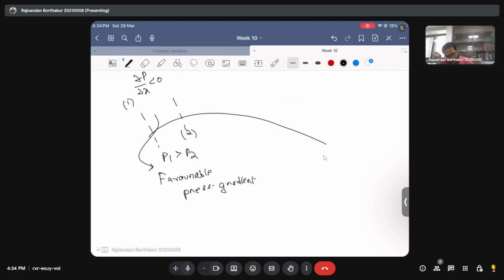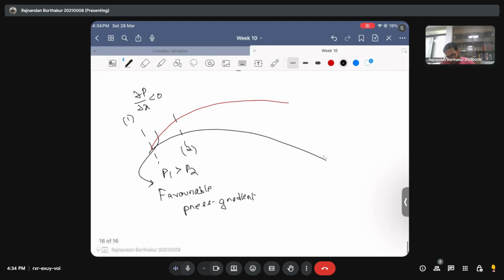Which means I won't see any flow separation taking place in this zone of the boundary layer. For example, if we draw the velocity field here, it will look something like this. I don't know the profile, but it will be something like this.